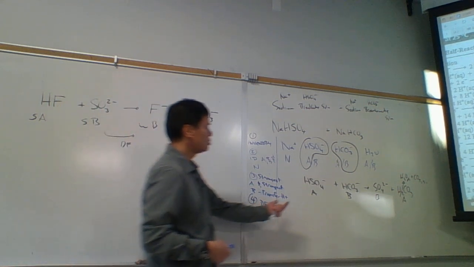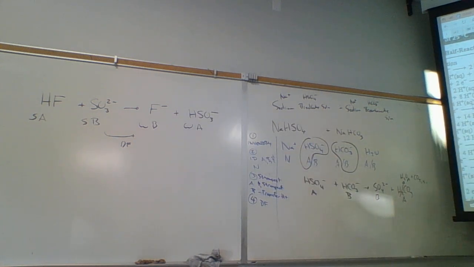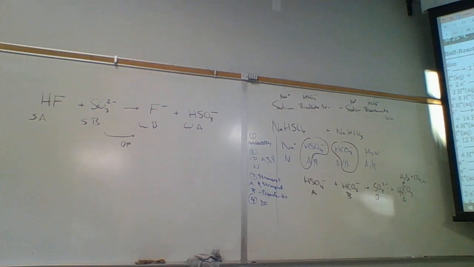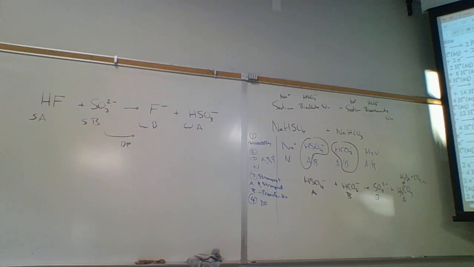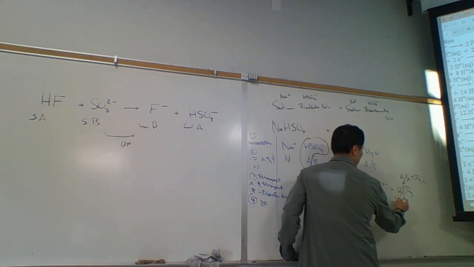So we're going to compare the two acids, bisulfate versus carbonic acid. Which one's stronger? I have bisulfate here and carbonic acid here, CO2 and water. Yeah, bisulfate's stronger. So we're going from stronger acid to weaker acid.